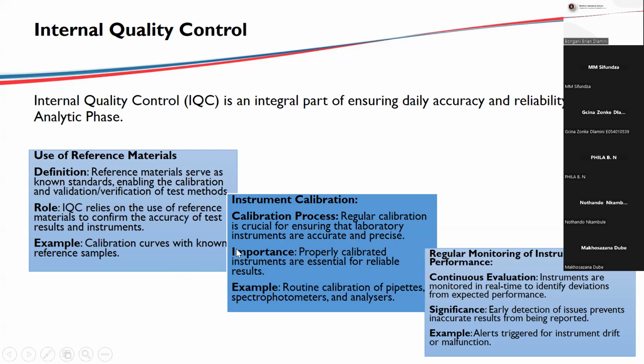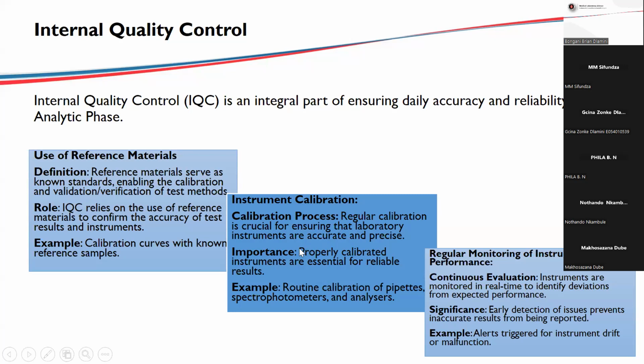So when we look into instrument calibration, the calibration process is very important for ensuring that the laboratory instruments are accurate and precise. Normally, some instruments come with a demand to say they need to be calibrated maybe daily or maybe whenever you change a reagent, so they actually do specify. So it's basically like setting the instruments to actually test what it is intended to test.